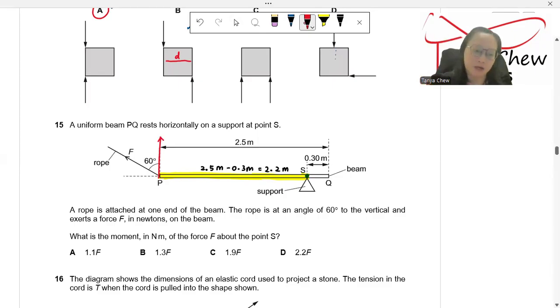To resolve in the perpendicular direction, I use adjacent, so it is F cos 60. So the moment is equal to the force F cos 60 times the perpendicular distance, which is 2.2 meter. I got 1.1 F. So 1.1 F is A.